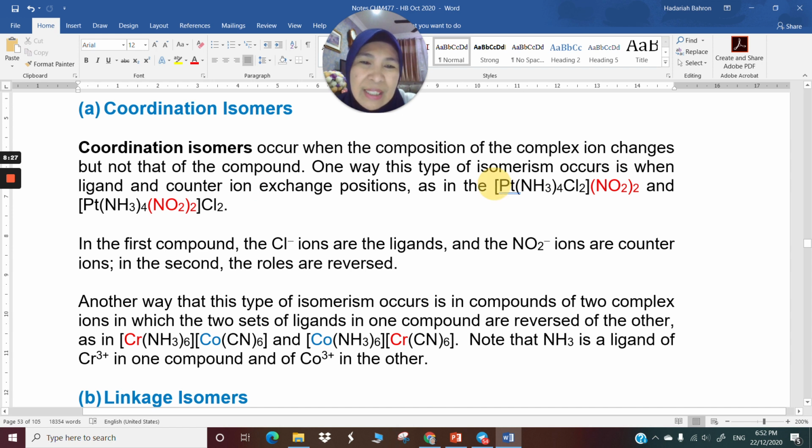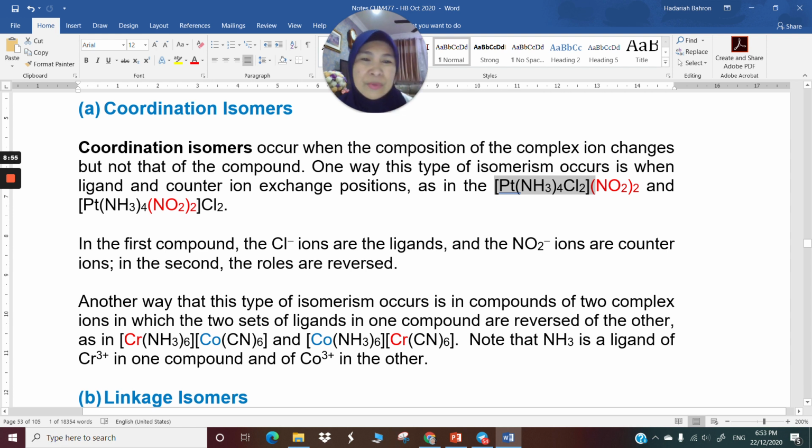Now, let's have a look at this. In the first compound, you have this situation where platinum has 4 ammonia ligands attached to it and 2 chloro ligands attached to it, and the whole complex ion has a charge of +2.